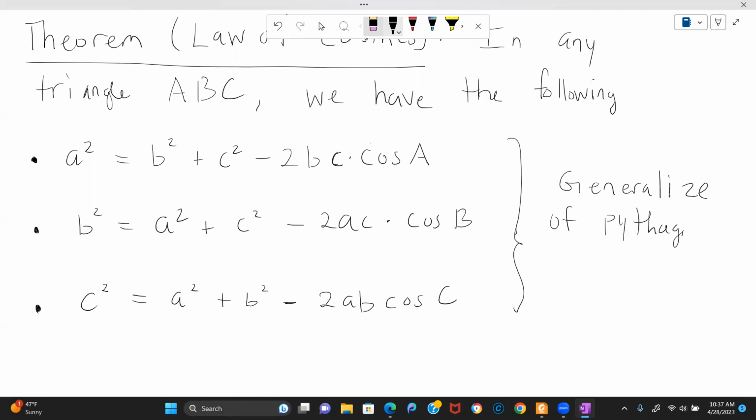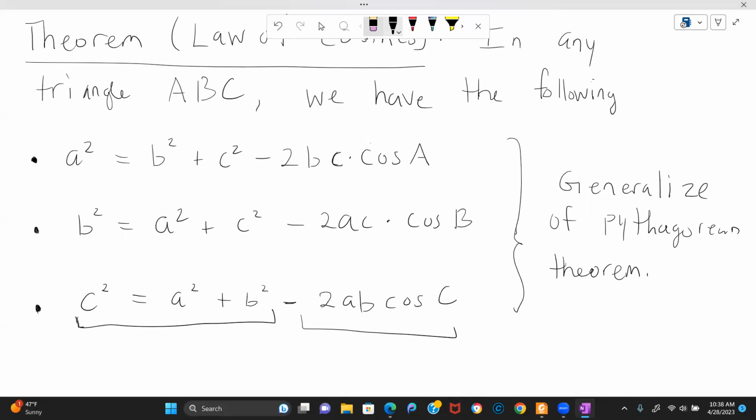Pythagorean theorem. And you can kind of see that. Say C is your hypotenuse and A and B are the lengths of the legs. Here's the Pythagorean theorem, but then you have this extra term right here.